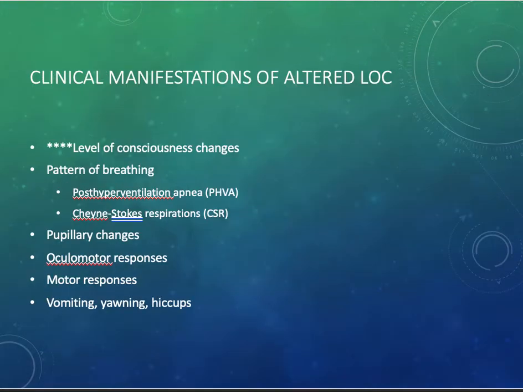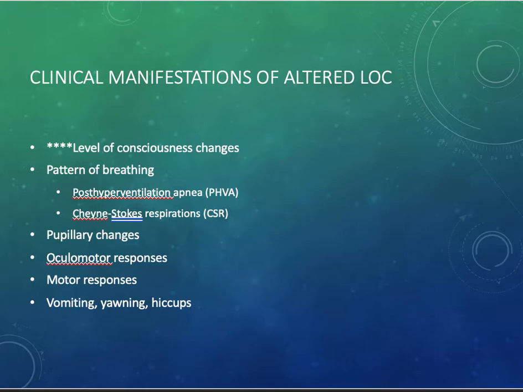So what happens when we have an altered LOC then? So obviously, the level of consciousness changes that we just talked about, okay? But what are those related to? Well, we can have those LOC changes due to a structural problem. So say a brain injury, a brain tumor, a stroke.